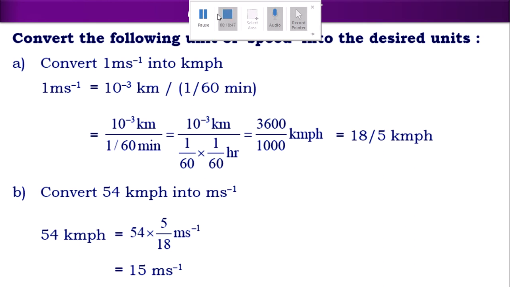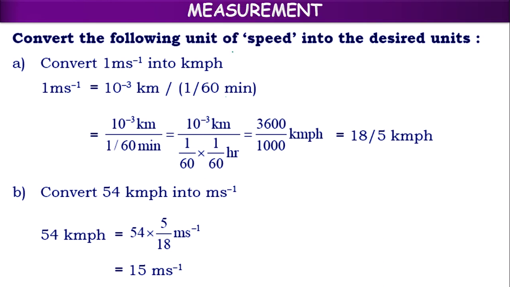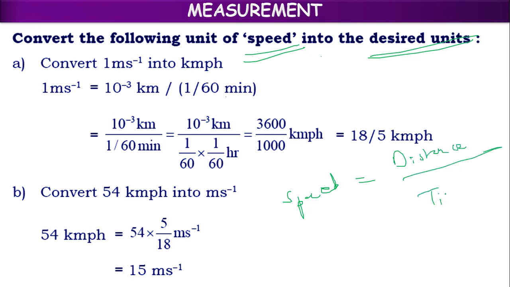Next, convert the following unit of speed into the desired units. Speed. With what speed we are going, how to calculate, children? How much distance we have traveled in how much time. This will give the speed of the object. So distance by time. Normally distance is measured in meters, time is measured in seconds.